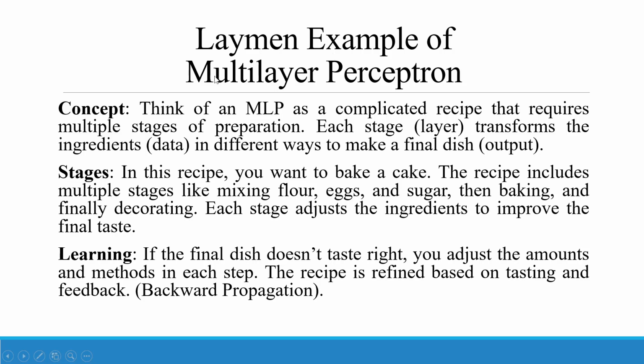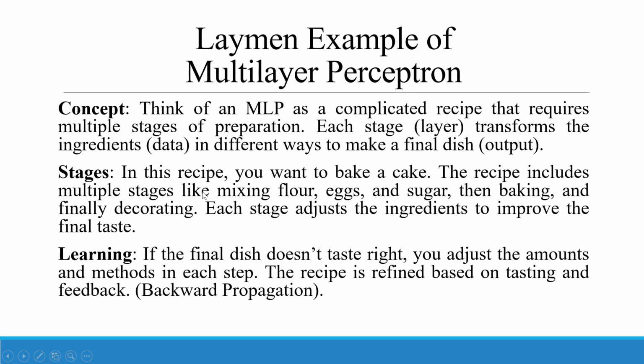Layman example. Concept. Think of an MLP as a complicated recipe that requires multiple stages of preparation. Each stage, or layer, transforms the ingredients, the data, in different ways to make a final dish, which is the output. Stages. In this recipe, you want to bake a cake.